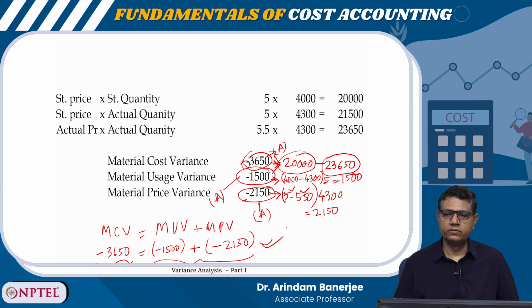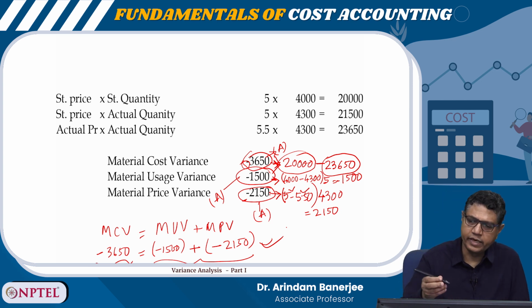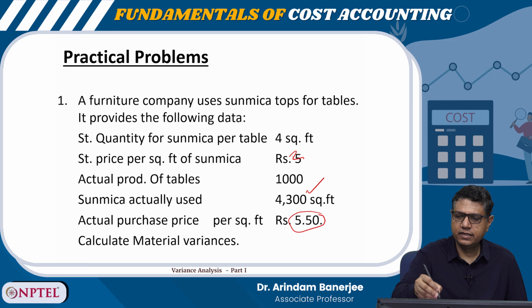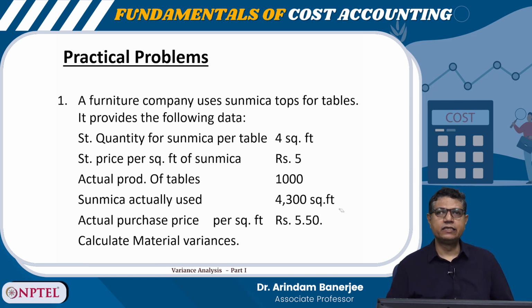Okay. I repeat the whole thing again. We'll discuss a practical problem now on calculation of material cost variance. A furniture company uses Sunmica tops for tables.